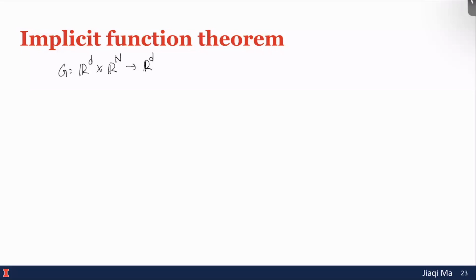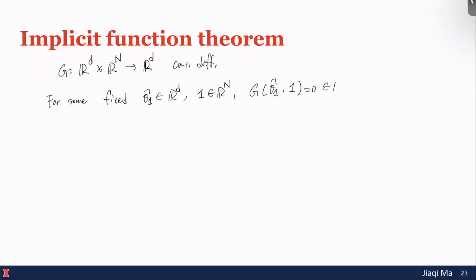Let's assume it is continuously differentiable, and for some fixed value, let's say this theta 1 hat in R^d and this one vector in R^n, let's suppose there exists such a pair such that G(theta 1 hat, 1) equals 0, which is a zero vector in R^d.